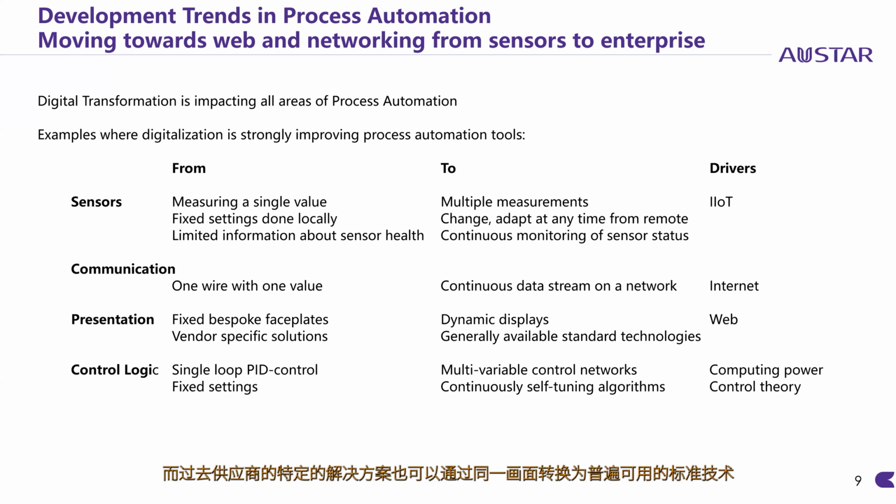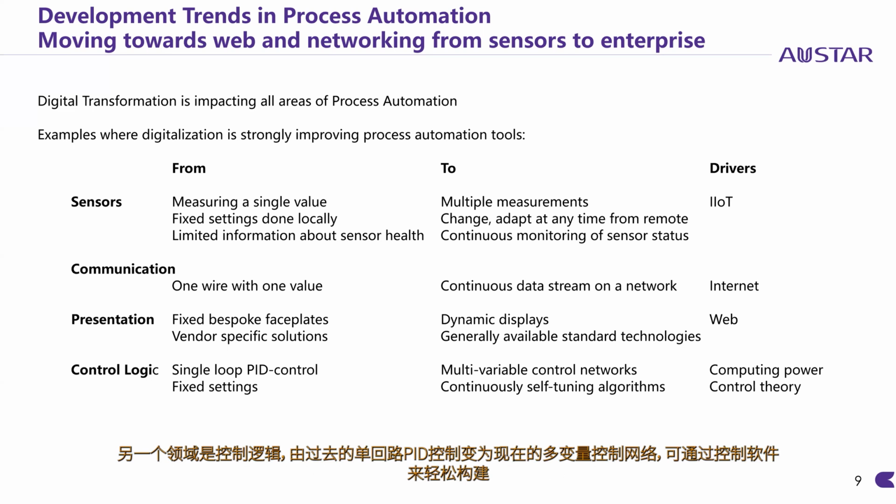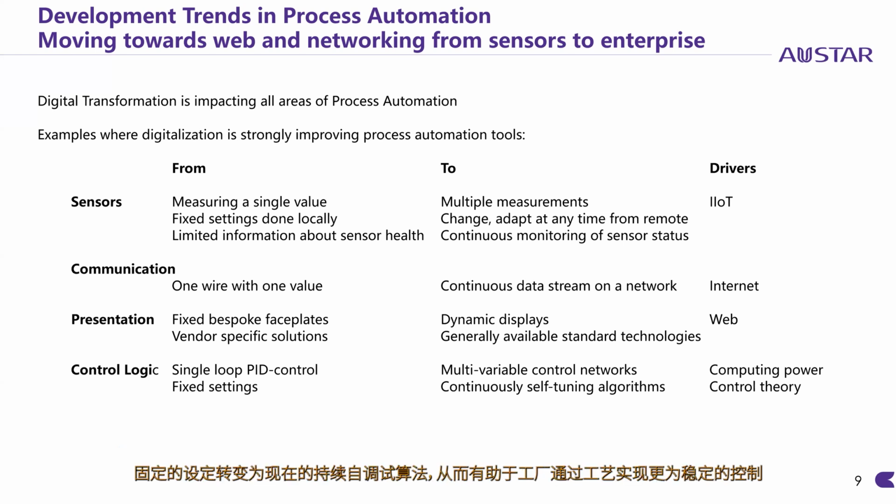Then another advantage we have is in control logic. For a long time, a single loop PID control was about the best you could do, but now we have multivariable control networks, which can be easily constructed through the control software. And we had fixed settings.